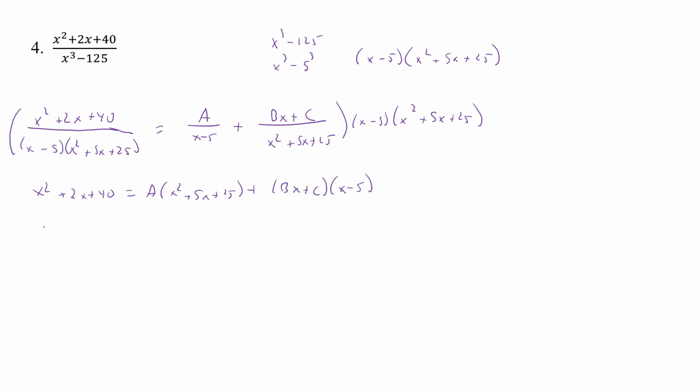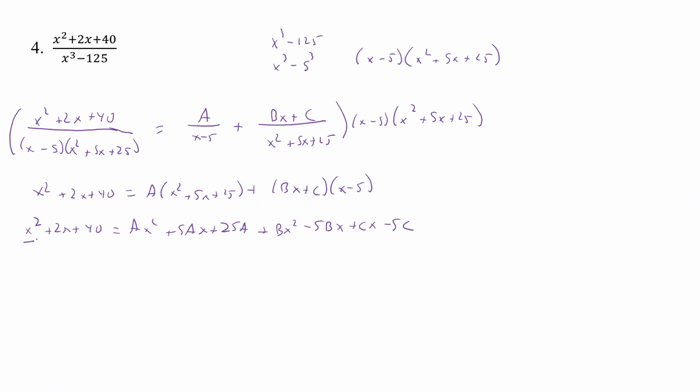Then we have to simplify the right side by multiplying out. So that's just ax squared plus 5ax plus 25a plus, now we have this FOIL, so it's bx squared, and then outer minus 5bx, inner is plus cx, and the last is minus 5c.